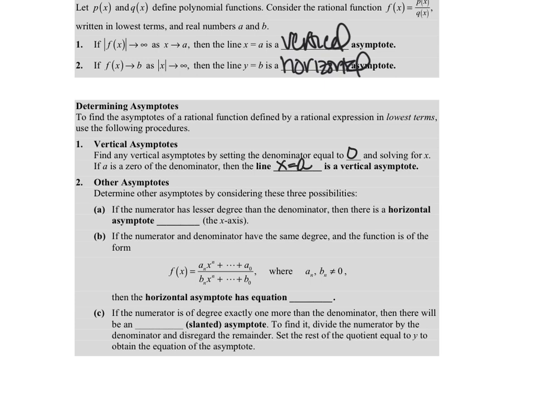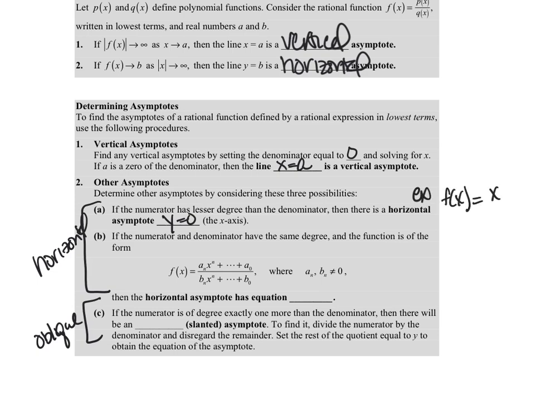So the other asymptotes, it can have a horizontal one or oblique, but not both. If the numerator has lesser degree than the denominator, then there is a horizontal asymptote at y equals 0. So an example of this is f of x equals x plus 3 over x squared minus 4.